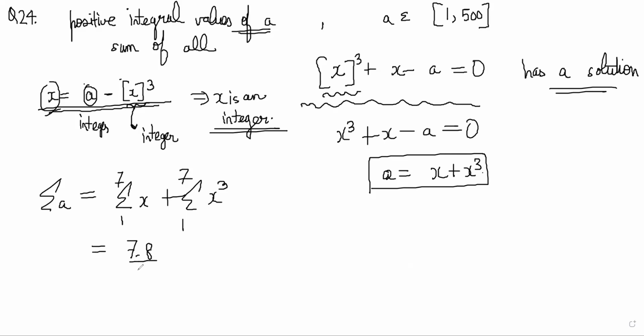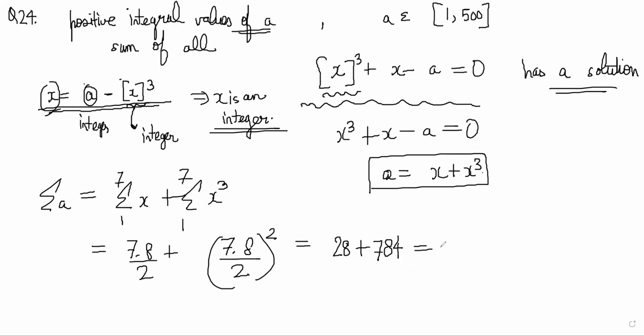7 into 8 by 2 plus 7 into 8 by 2 whole square. N into n plus 1 by 2 whole square is the cube summation. So this will be equal to 28 plus 784, 812. So that is the answer.